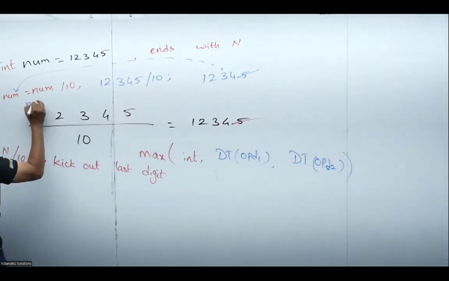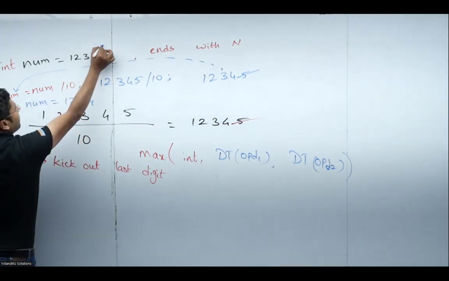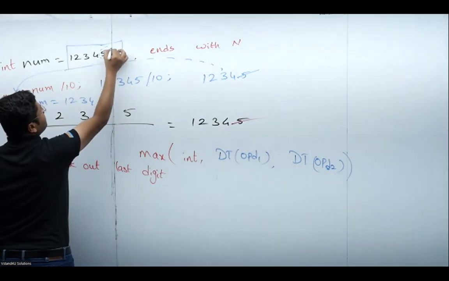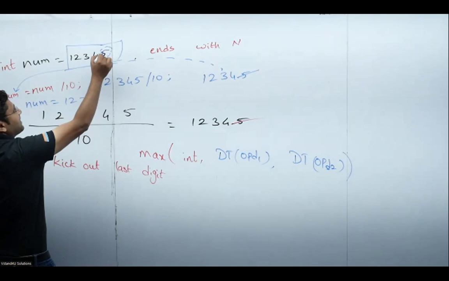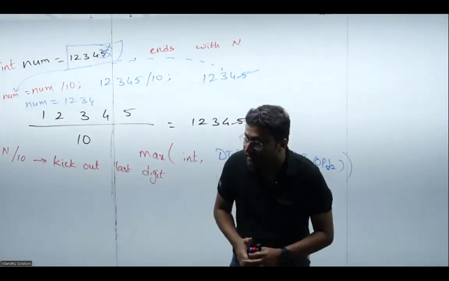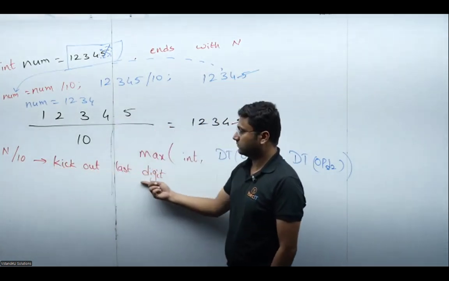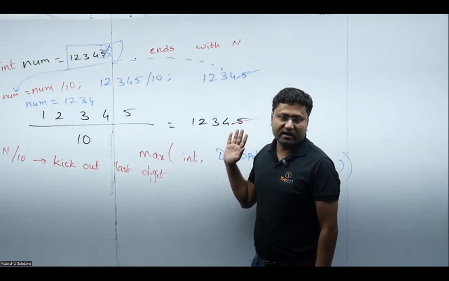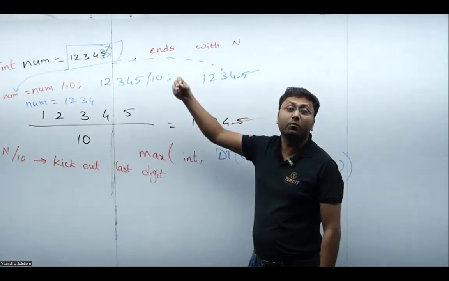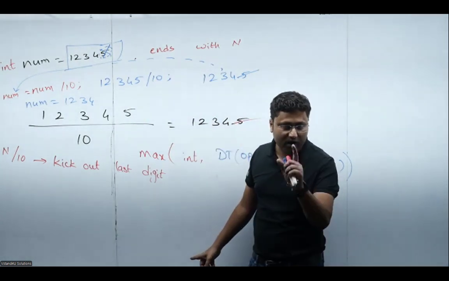So now num is actually initialized with 1234. Earlier, this entire number was there. Agree? Now, don't you think this last digit you have kicked out? This last digit is no more part of the number. So basically, given any number n, if you divide by 10, you kick out the last digit. Am I clear? These are the logics that will be coming moving forward in every next program. That's the reason I'm explaining. Focus.